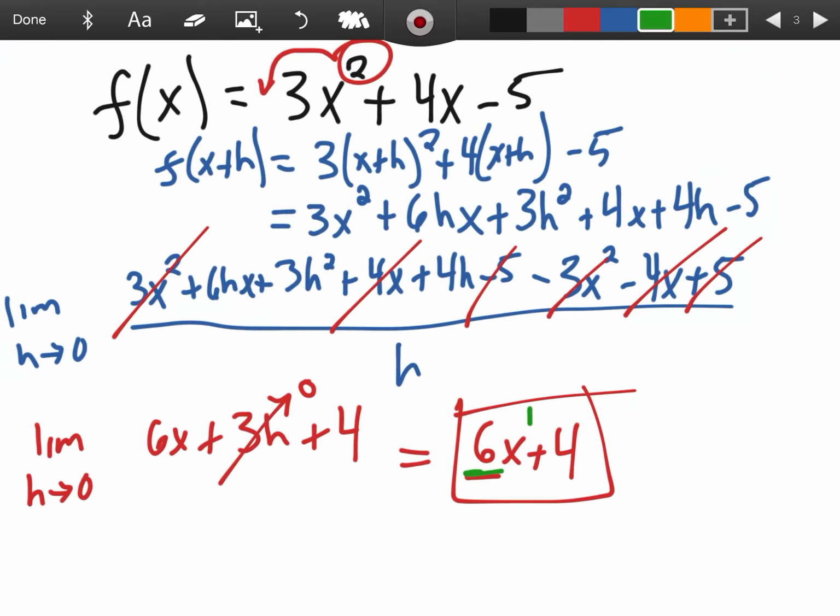Times x to the, well, power goes down by 1, leaving me with just x to the first power. And then with 4x, that 4x to the 1 multiplies down in front, and the power then drops by 1. Well, x to the 0 is just the same thing as 1, so we can write that as just 4 times 1 is just 4.